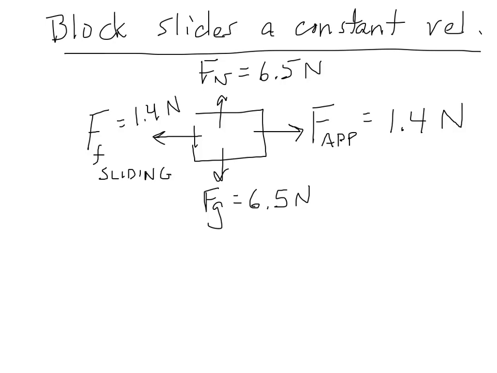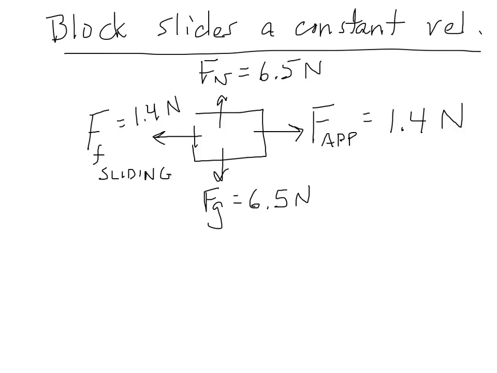So notice that is less than the friction that we needed to get the thing moving. And that's an important property of friction, that's almost universally true. There may be some few exceptions that are a little bizarre, but the friction while something is sliding is less than the friction while it's just sitting there and we're attempting to get it started.